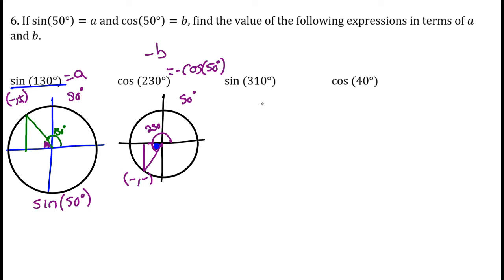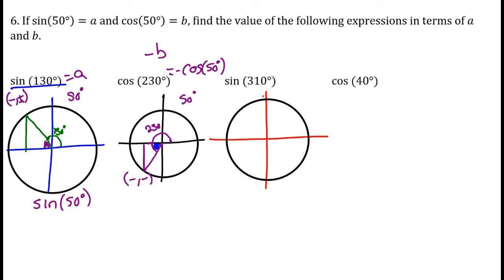Sine of 310. Make a unit circle because we need to figure out what's the reference angle. Well, there's 310. It's definitely in the fourth quadrant. I need to make my perpendicular. My reference angle is here in blue. This spun me around.